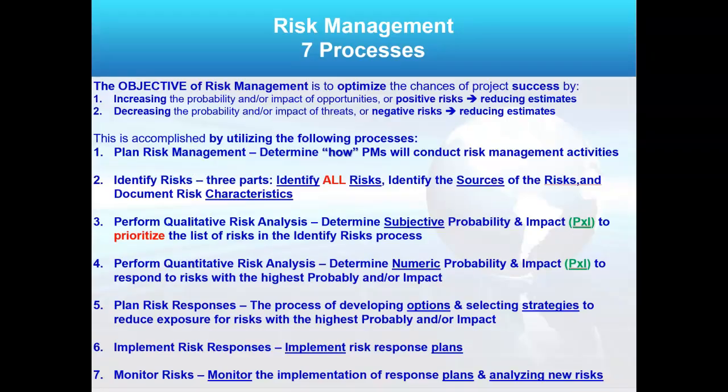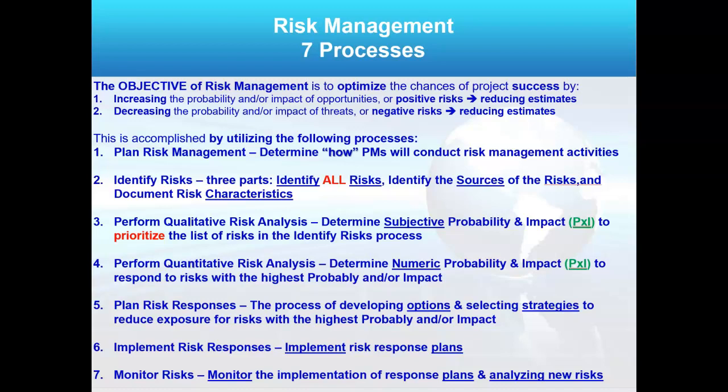So, previous versions of the PMBOK guides 1 through 6 broke risk management down into these various processes. Now, the PMBOK Guide Edition 7 uses the same concept, so nothing has gone away.